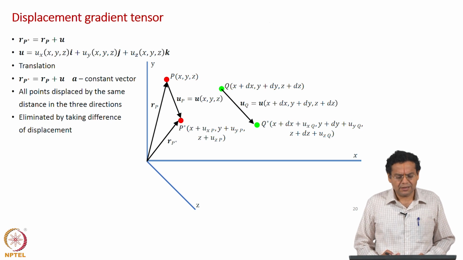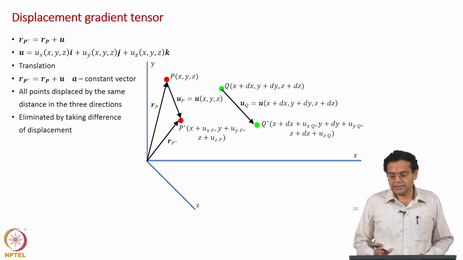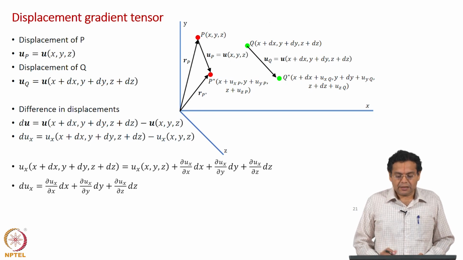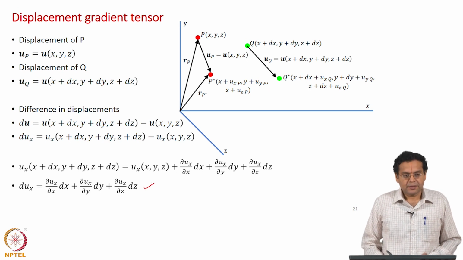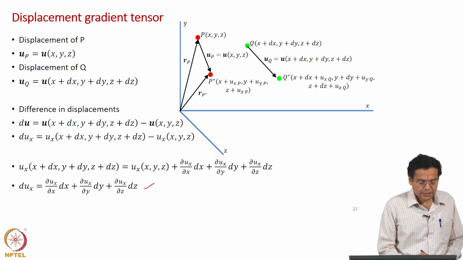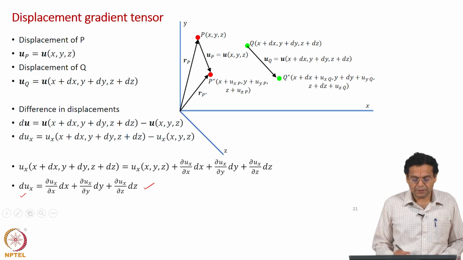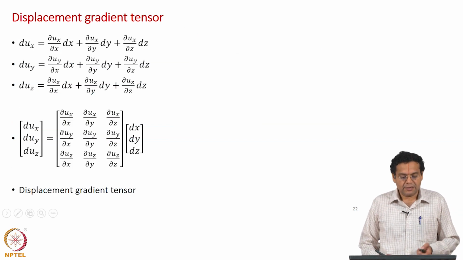Just to recall, these are the slides which we had earlier, where we considered 2 points separated by dx, dy, dz, and then we first took off translation by looking at the difference in displacement. Then we wrote the expression for difference in displacement first vectorially and then along the x direction, and got this relationship by expanding in Taylor series, or expanding this total differential in terms of partial derivatives.